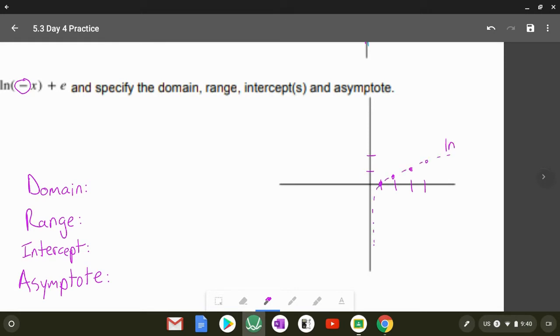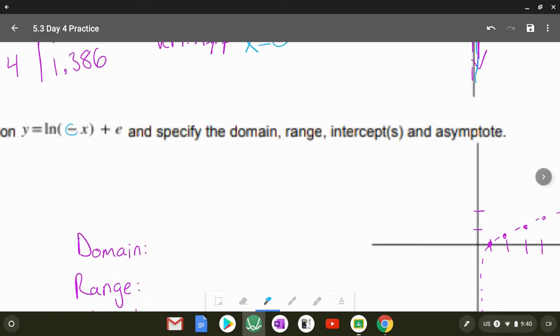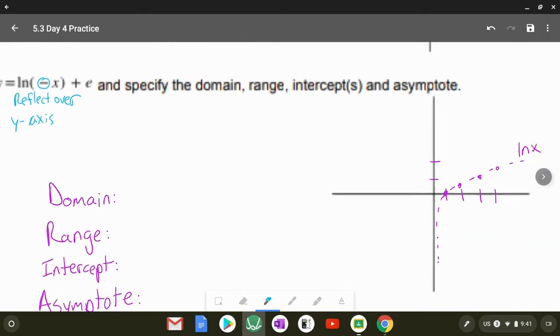So again, this is just natural log of x. And what we want to do here is notice this negative on the inside. The negative being multiplied on the inside means we're reflecting over the y-axis. So it's going to be a horizontal reflection.